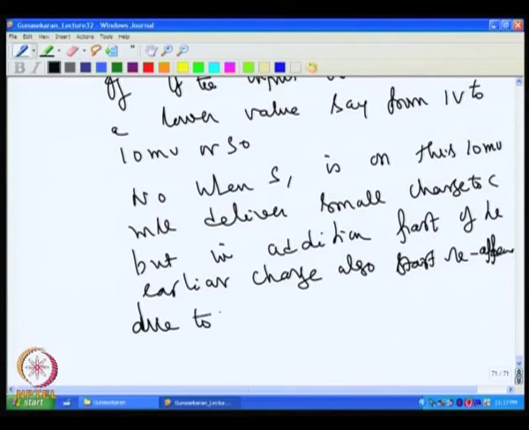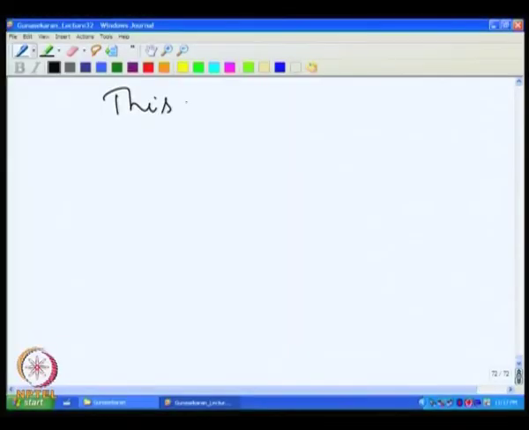So, this will reappear due to dielectric absorption, and this will affect the measurement. This will make our measurements wrong.